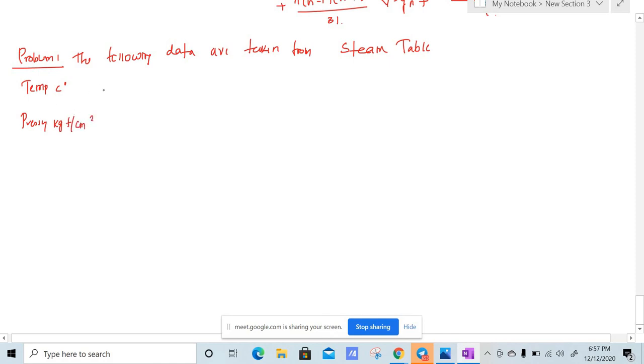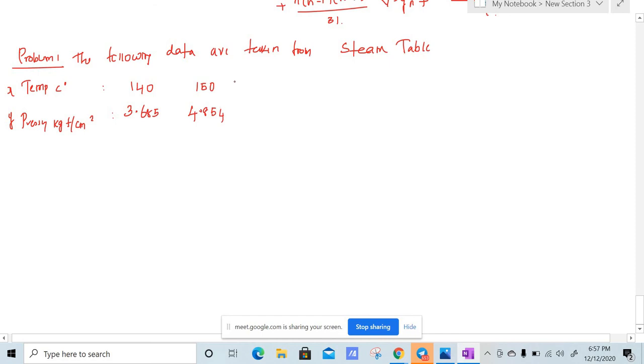We don't worry about this. Just take this as x, just take this as y. For 140, it is 3.685, and for 150, make sure that the interval width is the same, then only you can apply Newton forward and backward.